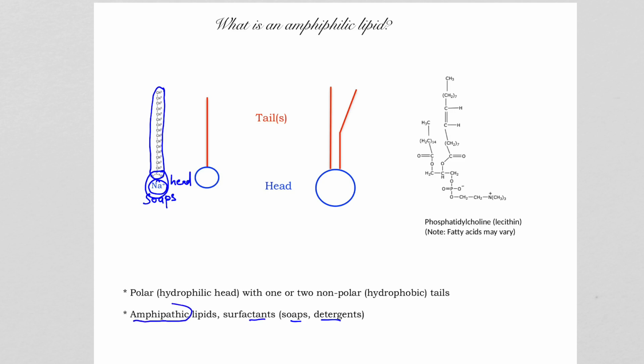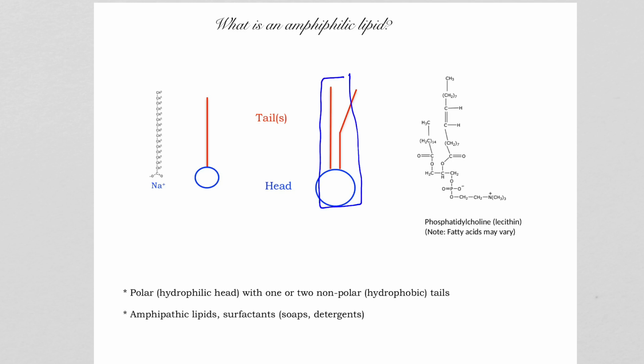Amphipathic is the same as amphiphilic. So some medical literature might use amphipathic, same thing. Sometimes we'll use amphiphilic. We're going to use amphiphilic in this video. So this is what is special about these chemicals. The molecule has two parts.